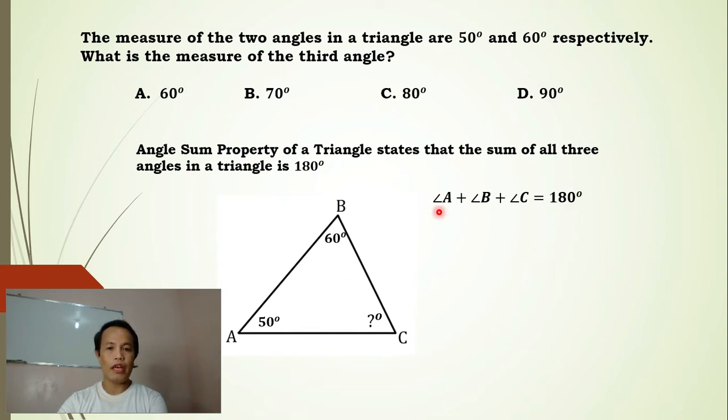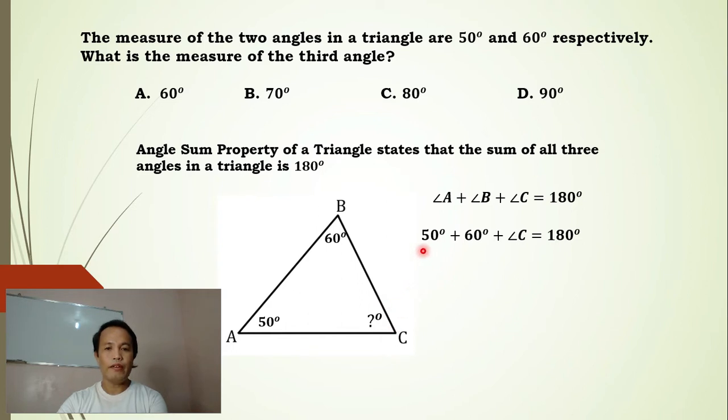Since we already have the measure of angle A, which is 50 degrees, we write 50 degrees plus the measure of angle B, 60 degrees, plus angle C, because we are to solve for the measure of angle C.